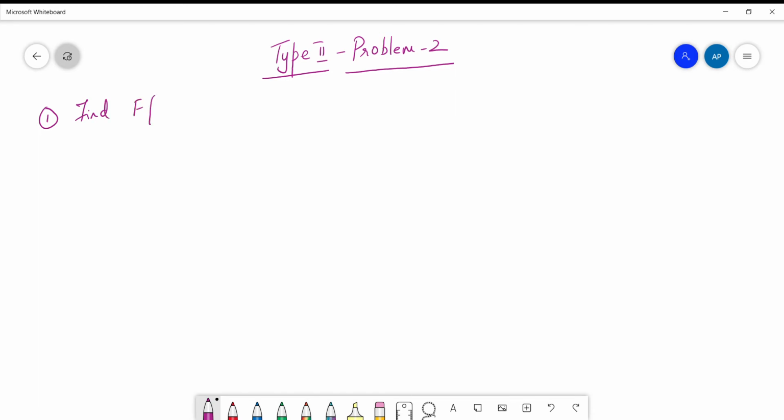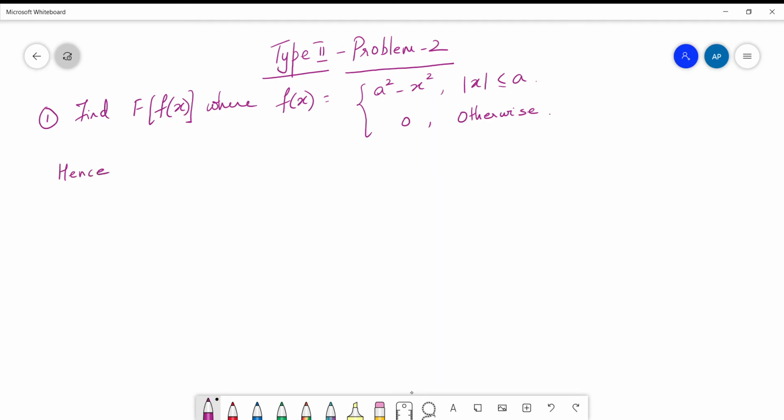Find the Fourier transform of the function f of x, where f of x is given to be a square minus x square in the interval mod x less than or equal to a, where a is a constant, and 0 in the remaining part of the interval. Along with this, we need to prove three more very important results.